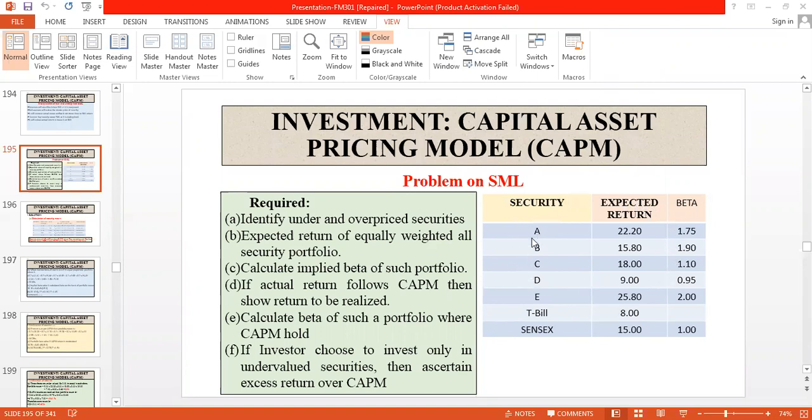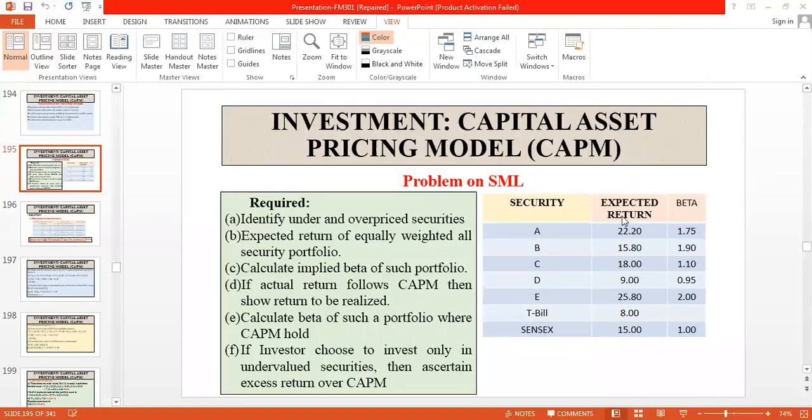The right-hand side table is providing us the required information. In this table, 5 securities are considered: A, B, C, D, and E. Their expected returns are 22.2, 15.8, 18, 9, and 25.8, and these are their beta values. T-bill means risk-free government bond.